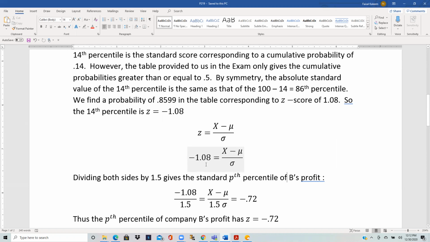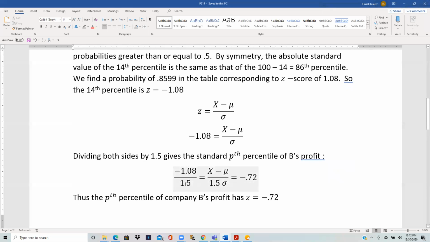So if we divide both sides by 1.5, then this expression gives us the Z value of the Pth percentile for company B. So after dividing by 1.5, this becomes negative 0.72. So that means that the Pth percentile of B's profit has Z-score equal to negative 0.72.